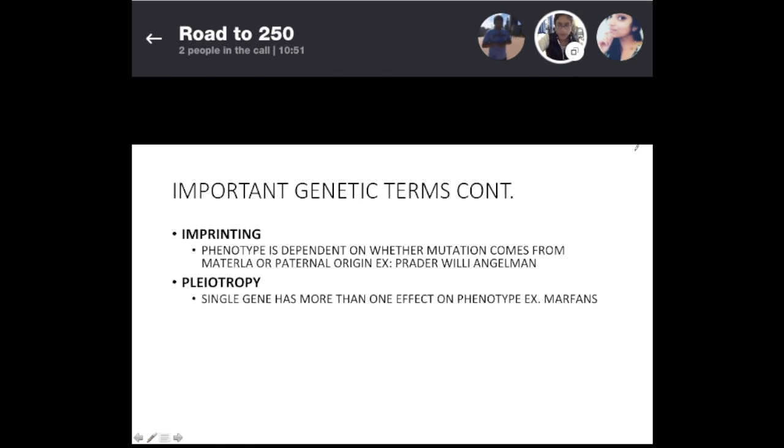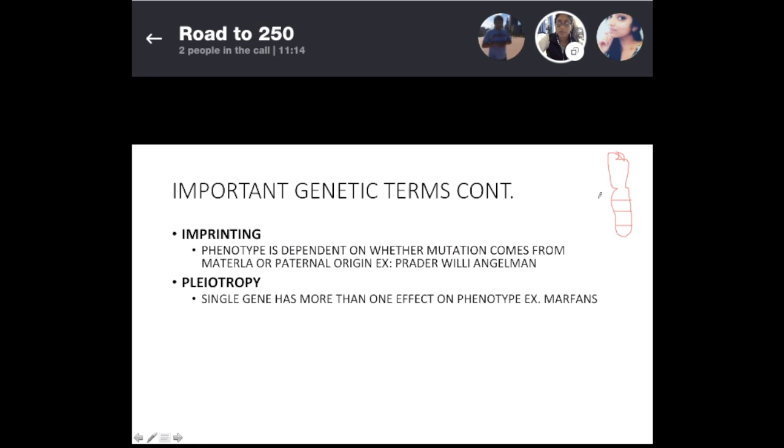And so if you have your chromosome here, and this entire chromosome is mutated, but the gene has more than one phenotype.